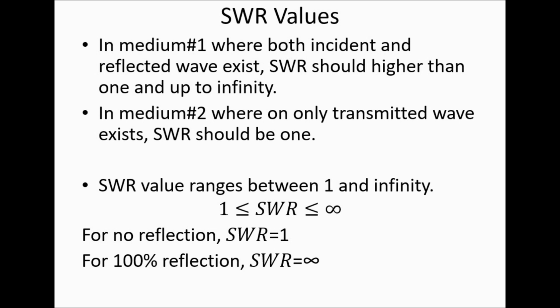But in the transmitted region, we don't have two waves, we have only one wave. So in medium 2, the standing wave ratio will be 1. So standing wave ratio varies between 1 and infinity. No reflection means SWR equal to 1. 100% reflection means SWR equal to infinity.